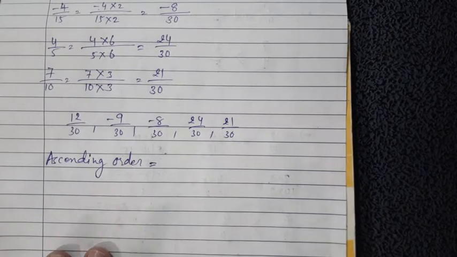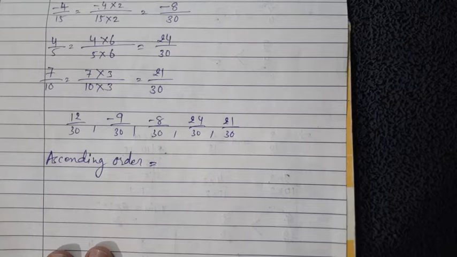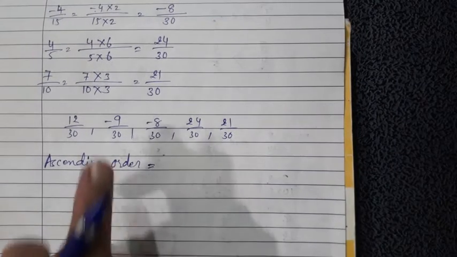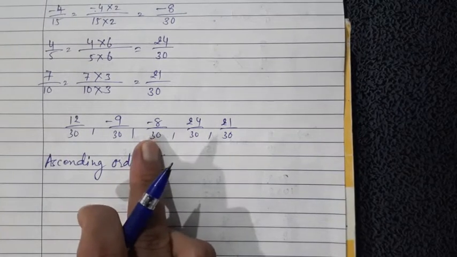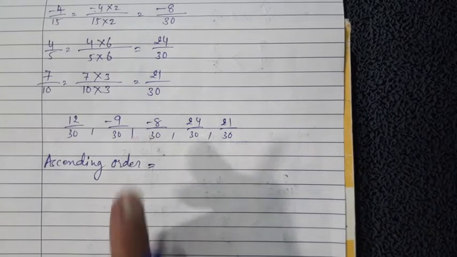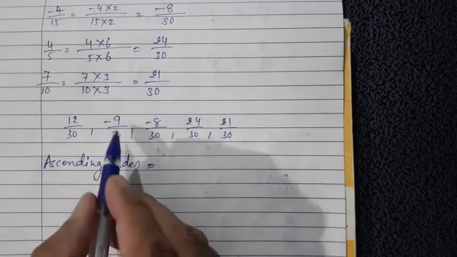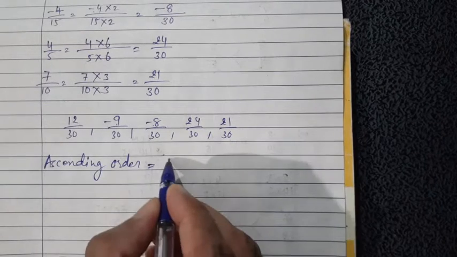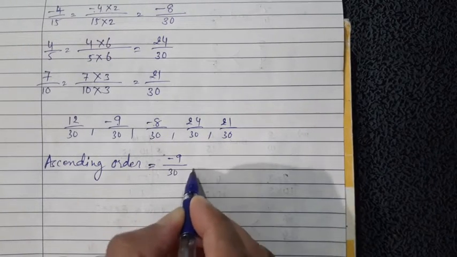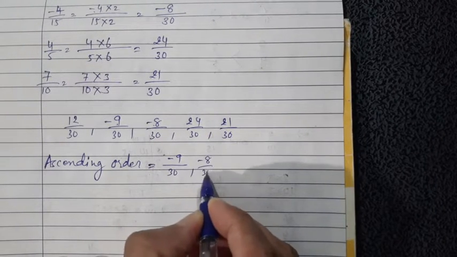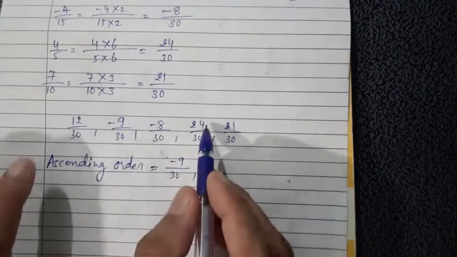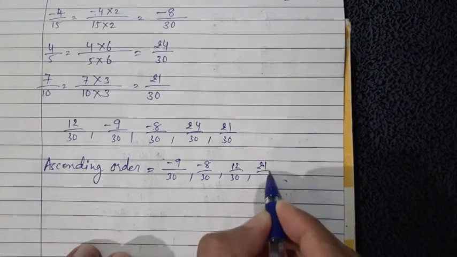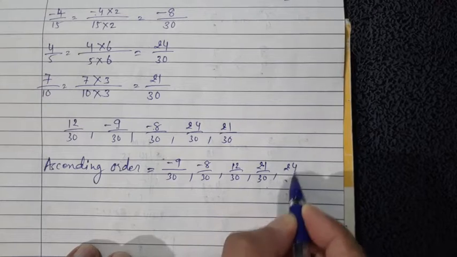So two negative numbers are there. Negative numbers are always less than positive. Now compare them. In negative numbers, the bigger number has the smaller value. So minus 9 is less than minus 8. So minus 9 comes first. Minus 9 upon 30, then minus 8 upon 30, then the positive numbers, that is 12 upon 30, then 21 upon 30 and 24 upon 30.